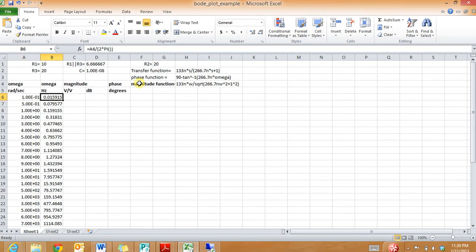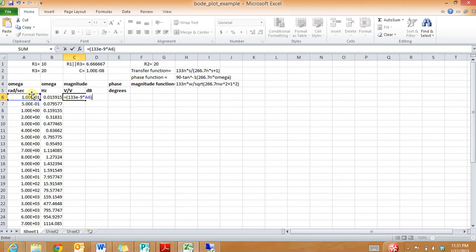And that quantity is squared plus 1 squared. And I'm missing a parentheses in here. And then I have my volts per volt.